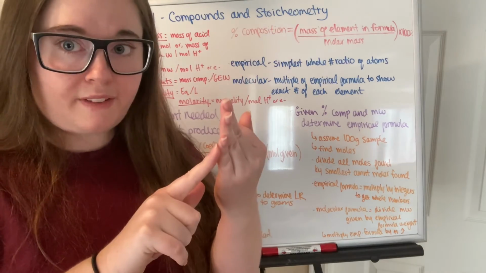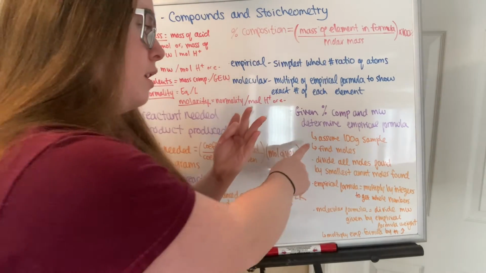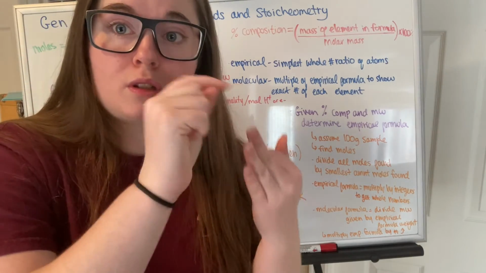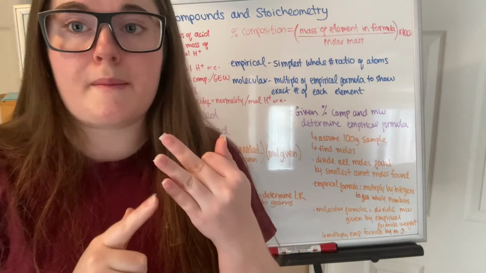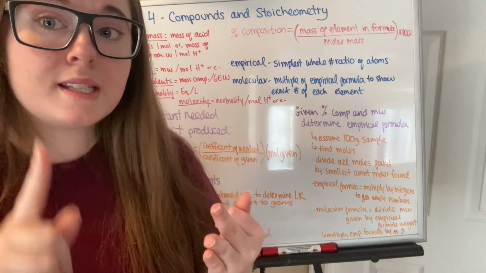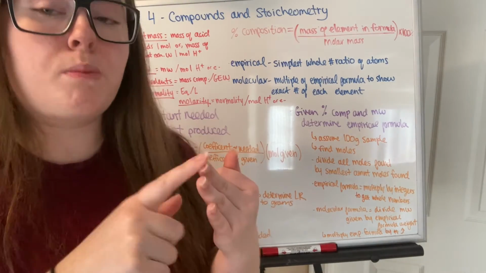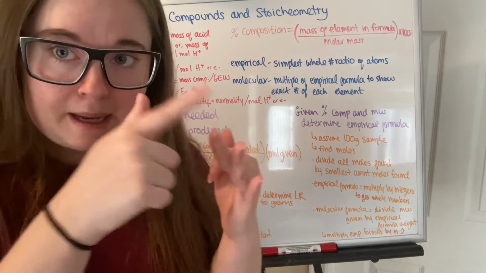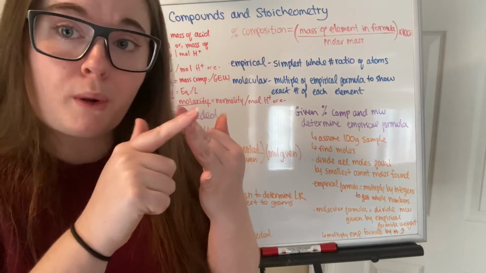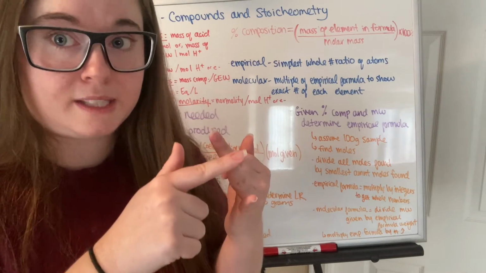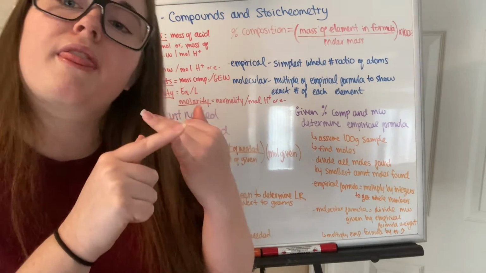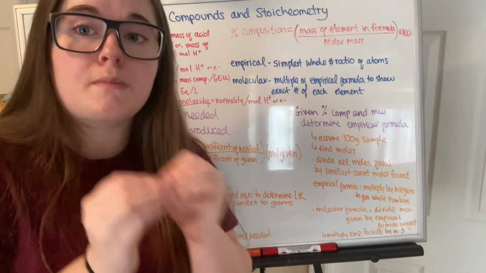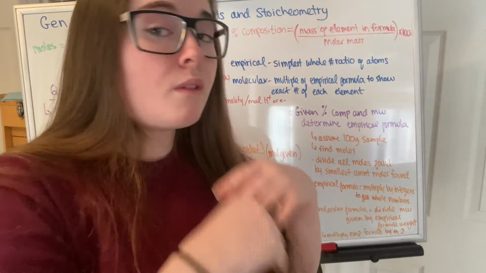Those are all the moles I found based on assuming the 100-gram sample and finding how many moles those grams are for each of those compounds. So the smallest amount of moles is 0.1. So now I'm going to do 0.1 divided by 0.1, 0.2 moles divided by 0.1, and 0.3 moles divided by 0.1, because 0.1 was the smallest amount of moles that I found.